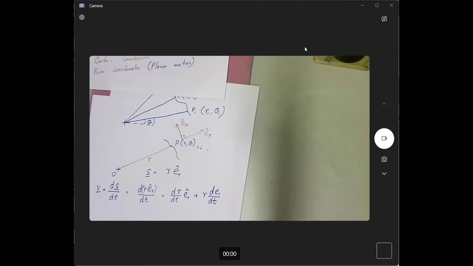Is it zero or does it have a value? So how to know whether it is zero or non-zero?